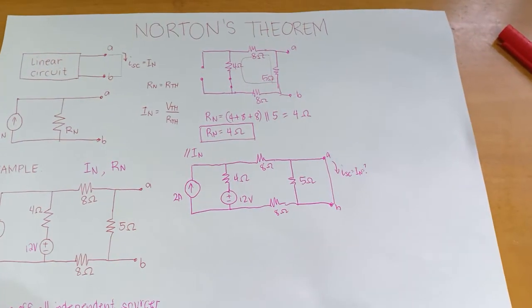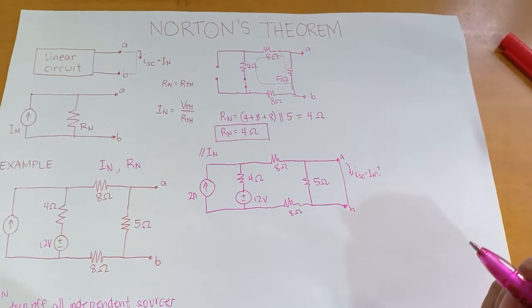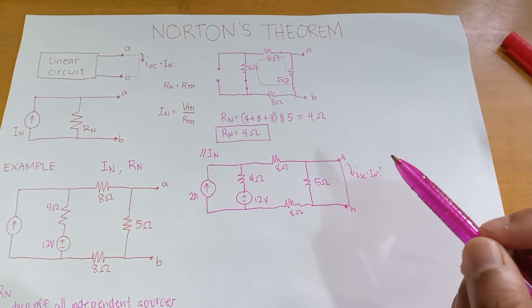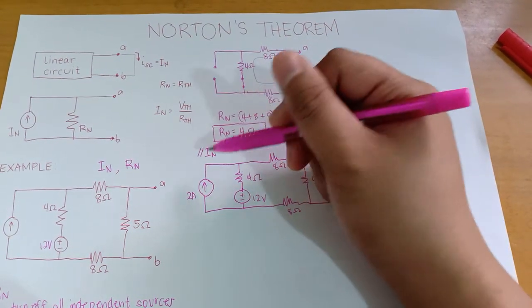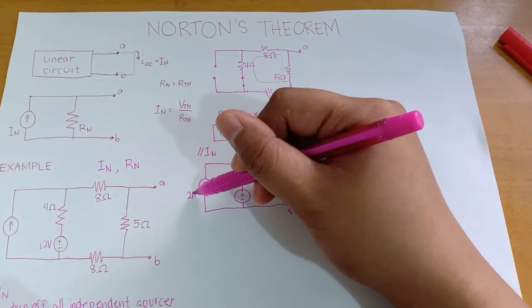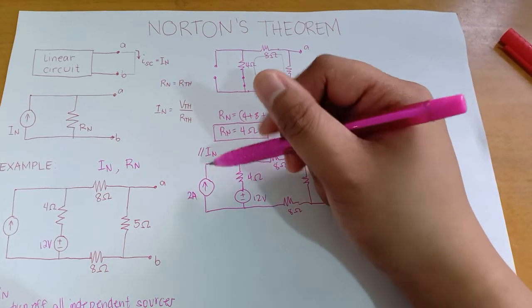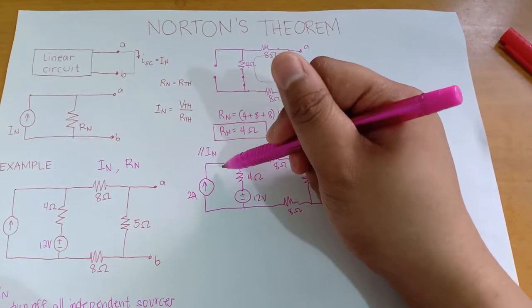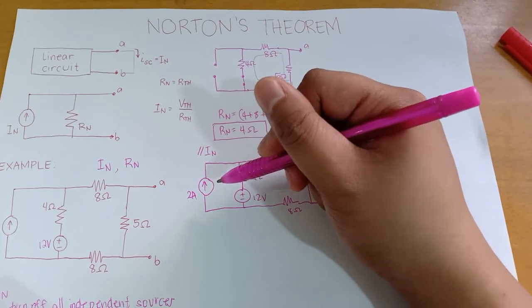Hindi natin alam. Okay. So, pwede natin gawin dito, the method is mesh analysis. Ba't ko naisip na mesh? Ito kasi case 1 eh. Ano ba yung case 1? Yung case 1, yung kapag yung current source ay nakaka-affect sa isang mesh. So, pag mesh analysis, titingin tayo ng current source.